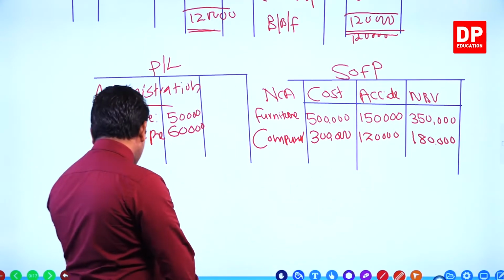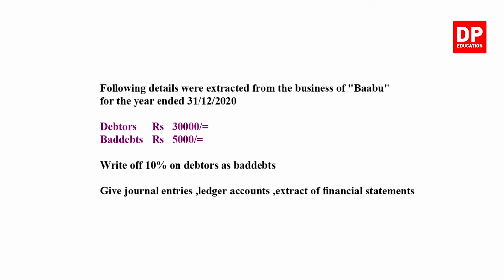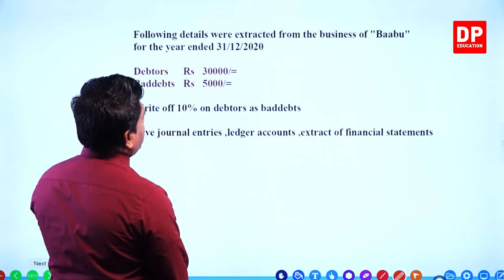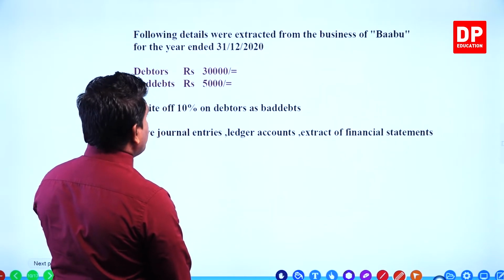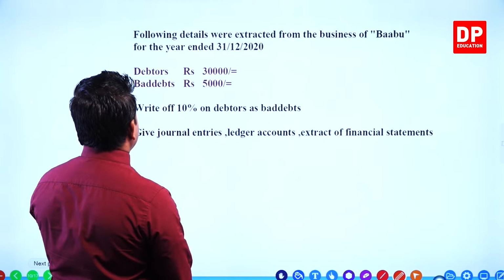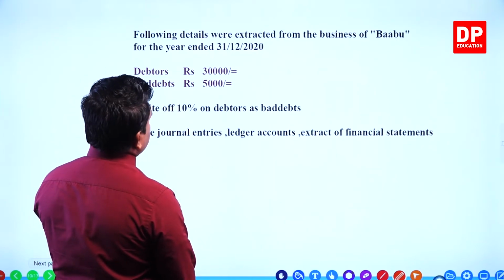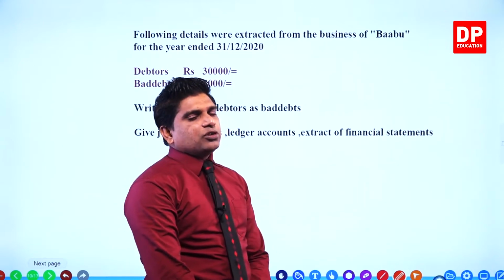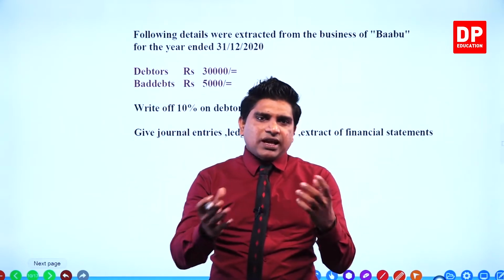Let's move to the new slide. Following details were extracted from the business of Babu for the year ended 31st December 2020. This is regarding bad debts, right? Again, we came to bad debts. We are doing mixed activities today, right?